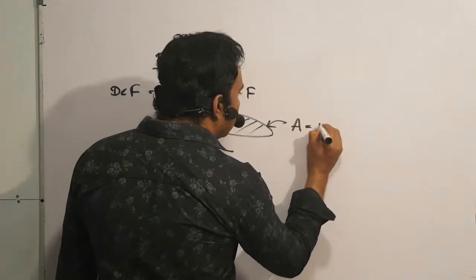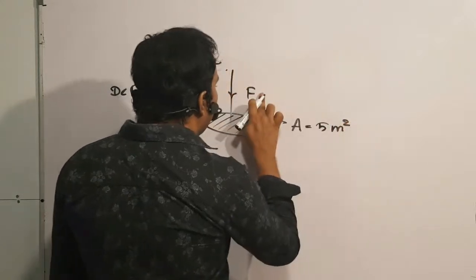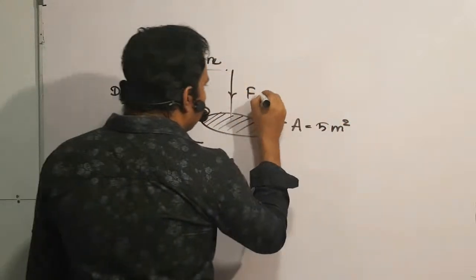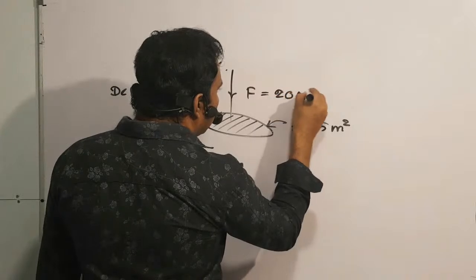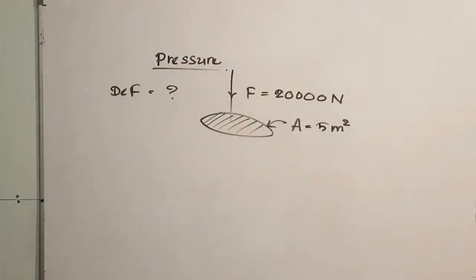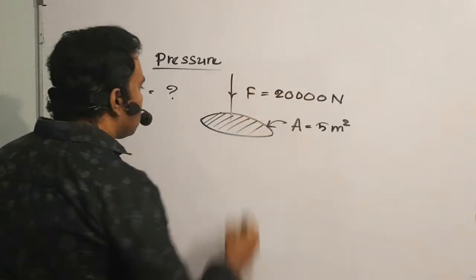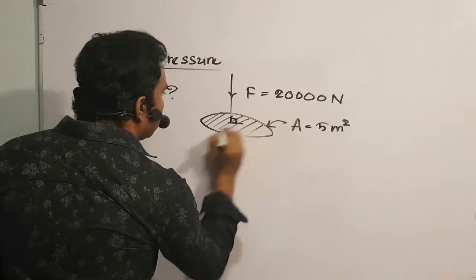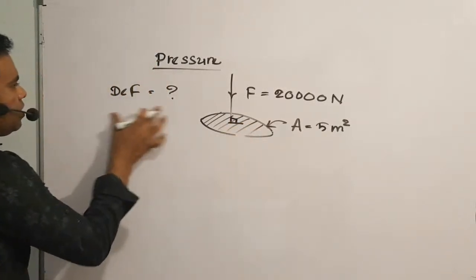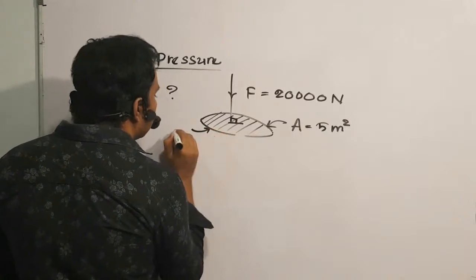Imagine this is 5 square meters and the downward force is 20,000 newtons. Perpendicular force.